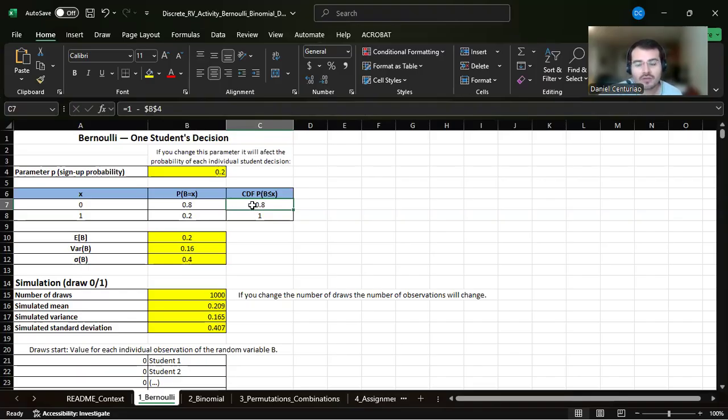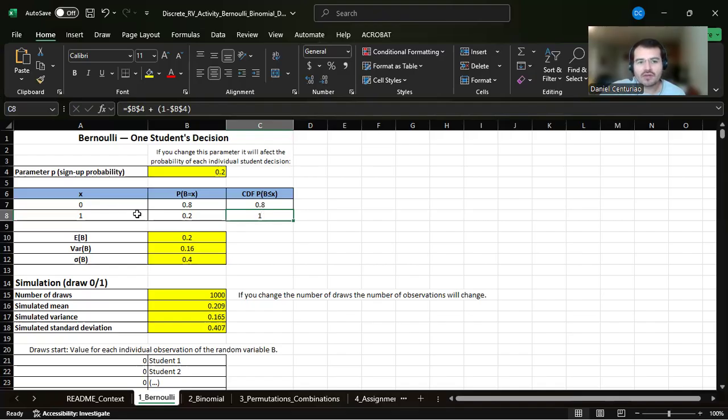Remember, this cumulative function is derived basically in the same way that we did from the cumulative relative tables that we did before. So we basically sum the probability associated to the event in the previous row in the second row. Okay.